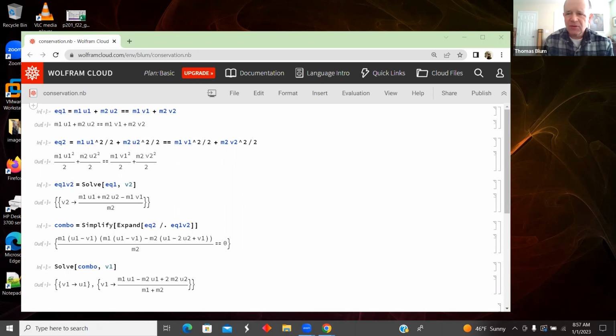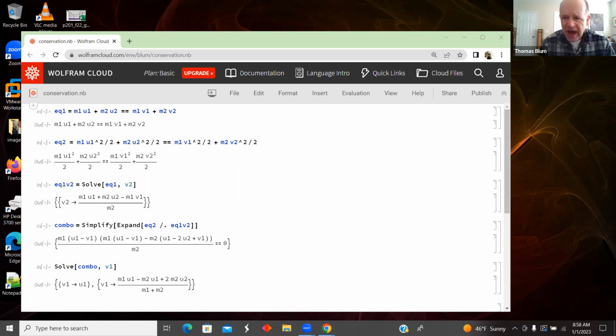I'll explain what's going on, though it doesn't necessarily matter if you're just interested in solving and substituting. I have two masses, M1 and M2. They initially have velocities U1 and U2. Then there is some collision among the two, presumably.